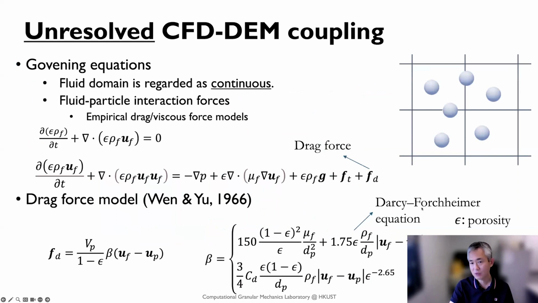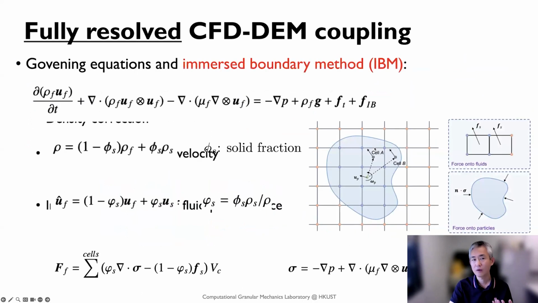In that sense, for unresolved we still use the previous coupling scheme, just with different equations here. And for the fully resolved CFD coupling, we can use an immersed boundary method to fully resolve the boundary of the particle and fluid interface, and then to calculate the quantities.